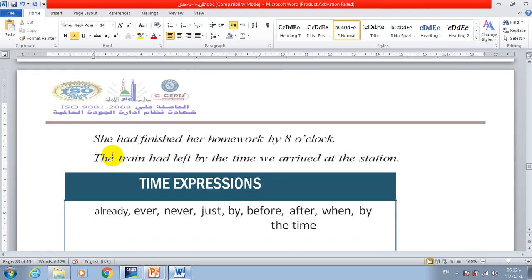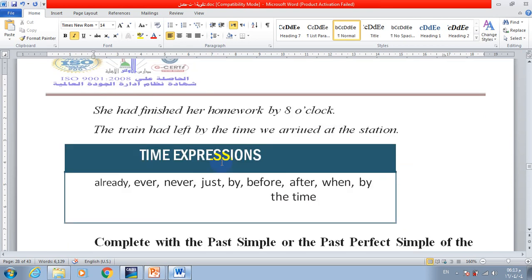Okay, another example. The train had left by the time we arrived at the station. Here the first action is the train left, and the second is arriving at the station. So we must put the first verb in the past perfect simple, the train had left by the time we, and the second action in the past simple, arrived.